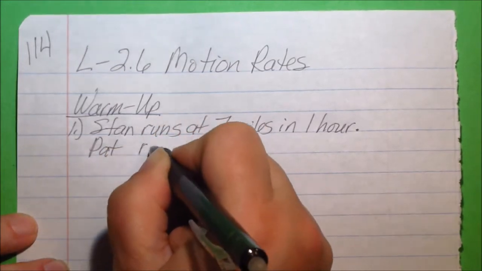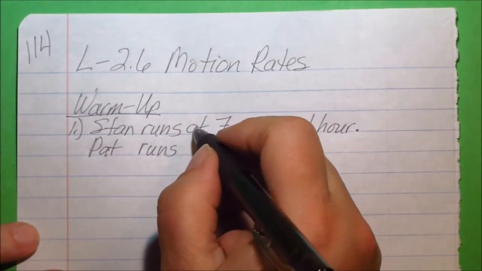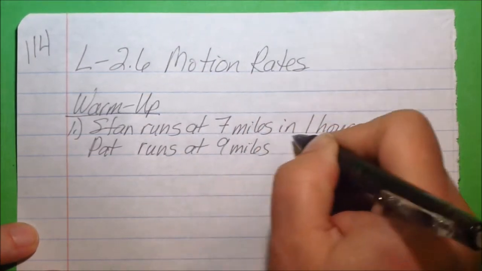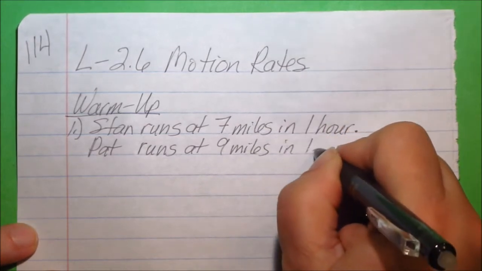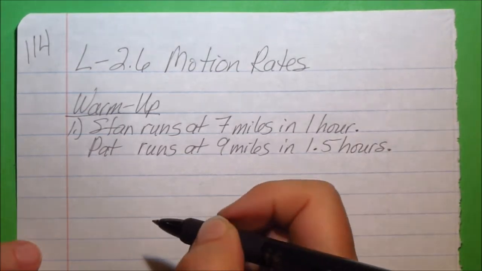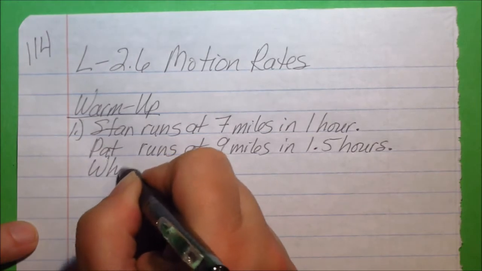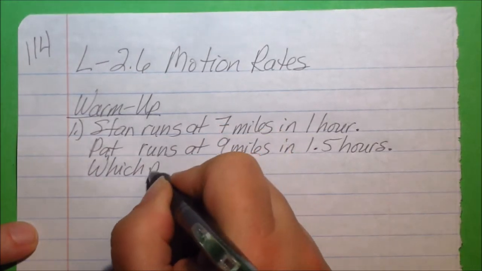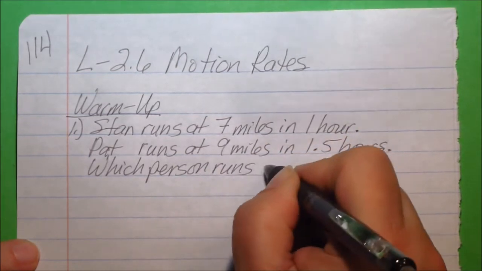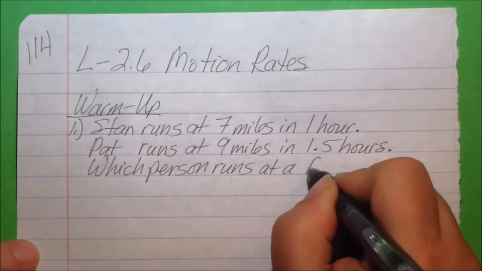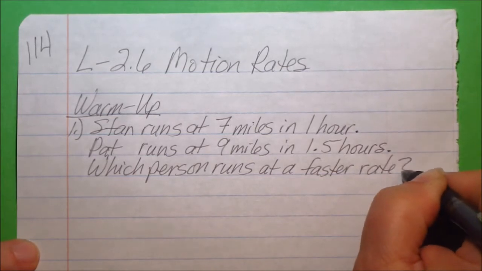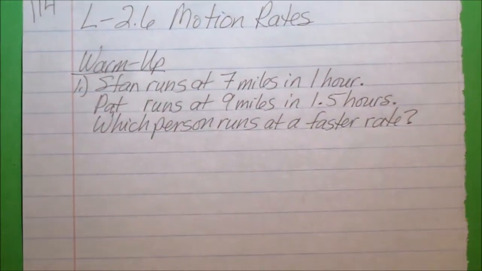Pat runs at 9 miles in 1.5 hours. 1.5. All right, which person runs at a faster rate? Okay, that's problem number 1 for your warm-up.